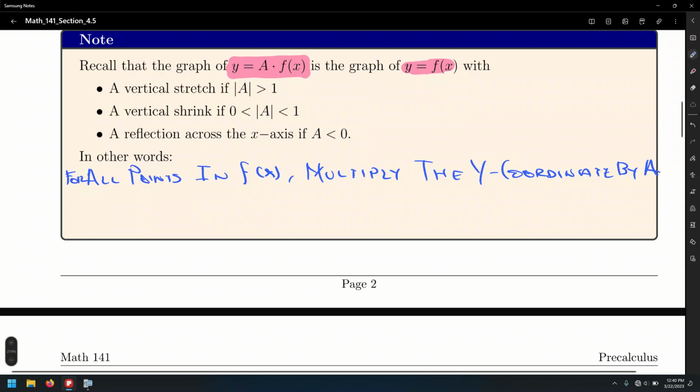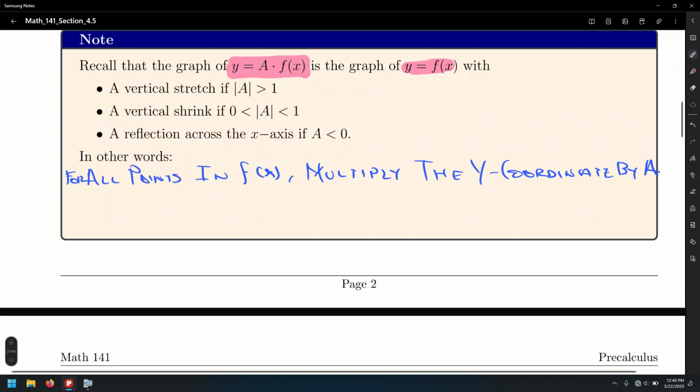That's all we do. So those three points listed above, this statement summarizes into just multiply the y coordinate by whatever the a value is. How about we see this in action, of course?